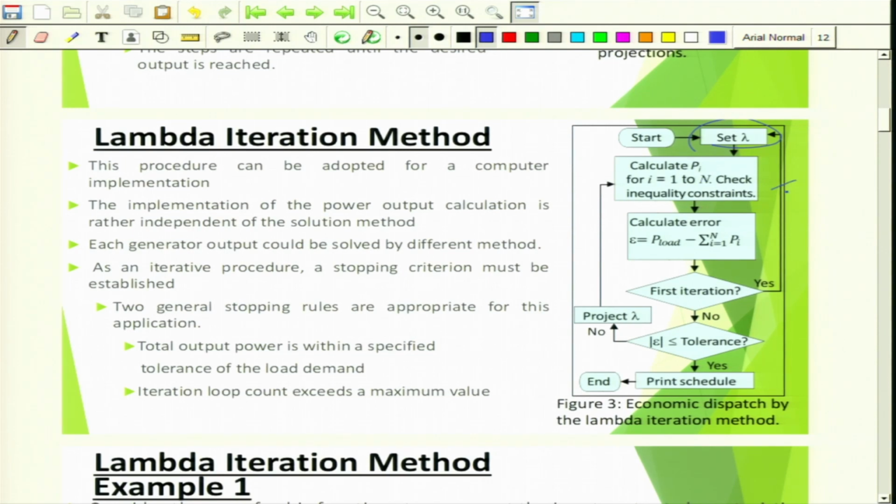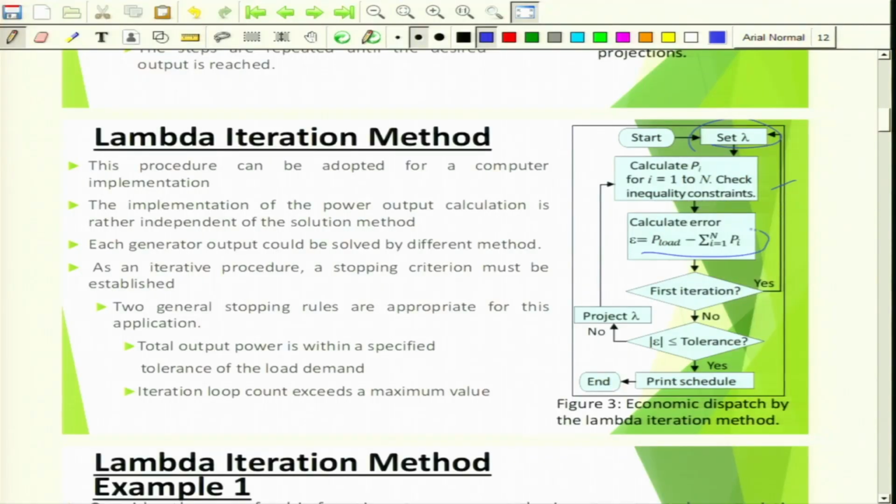For this lambda you should ensure that none of the generation violates the constraint. If the generation comes out lower than the minimum, you assign it to operate at its minimum point. If it is more than the maximum capacity, you assign it to be P maximum, right. Then you calculate the error.